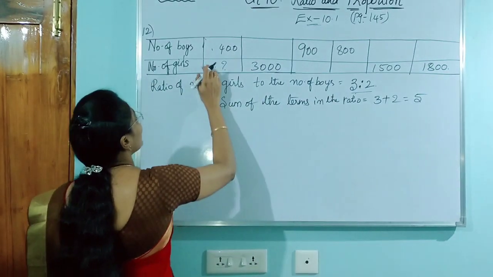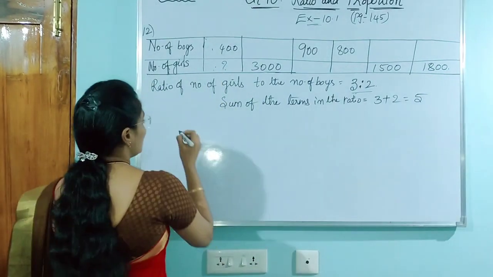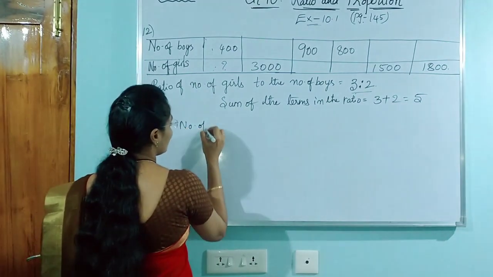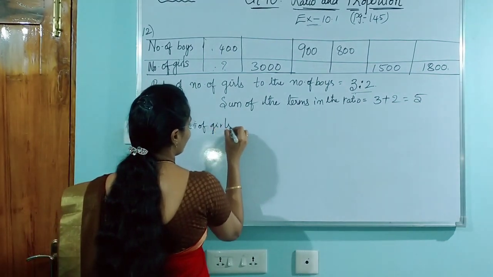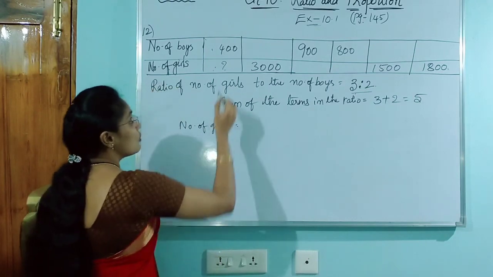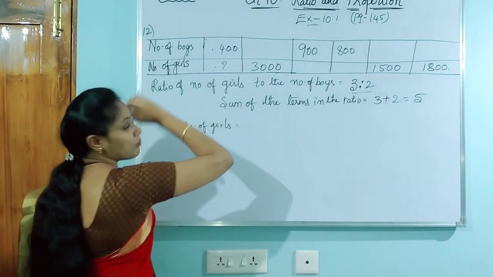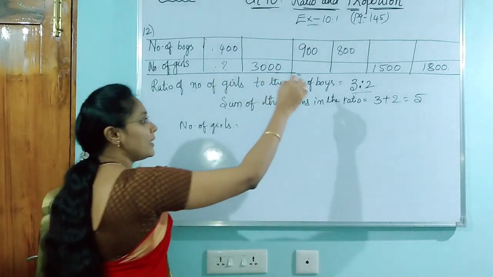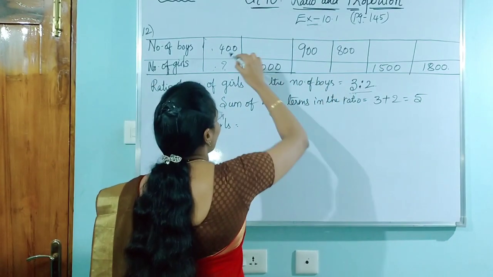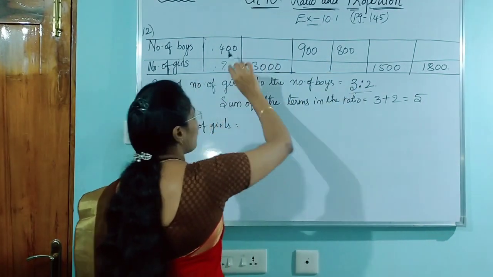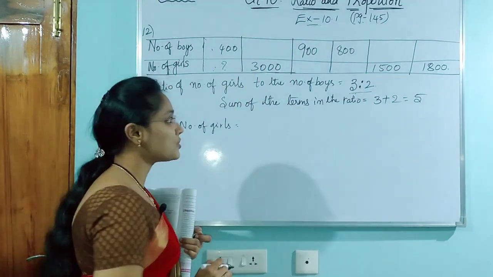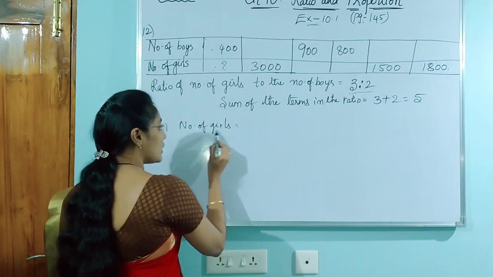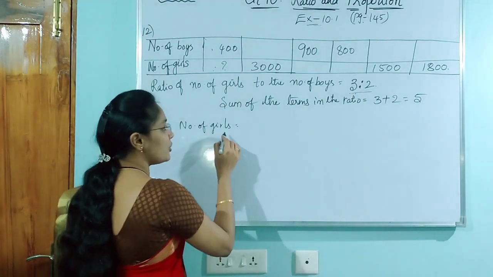Now we are going to find out the number of girls. We have the number of boys information and the ratio. By using these two, we have to find this one. Which one do you have to find out?